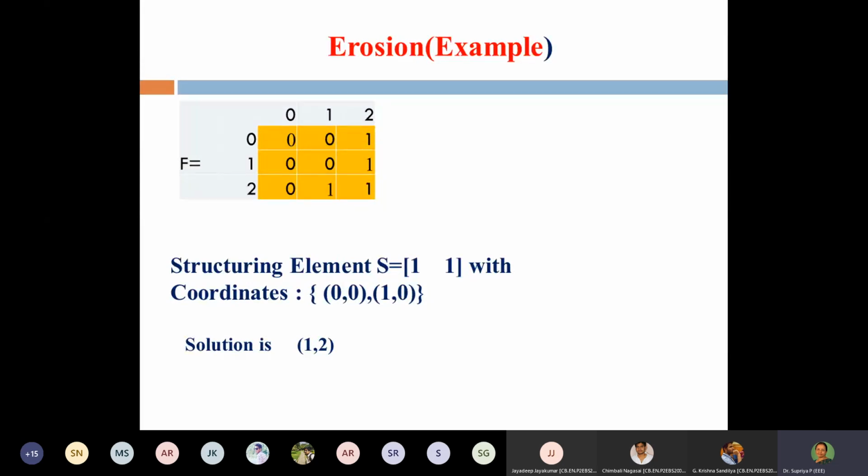It is the same example. The coordinates alone are shifted to 1, 0. What is this?